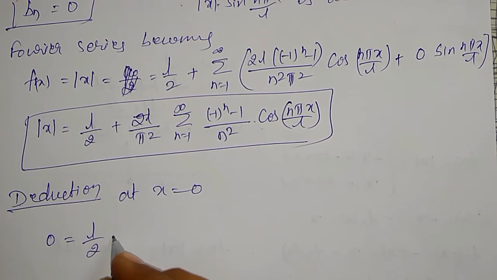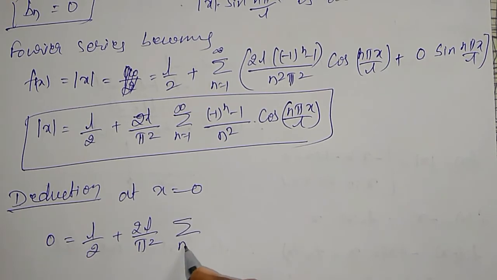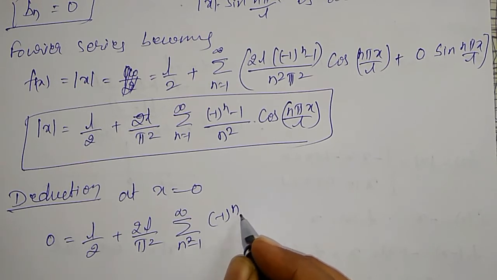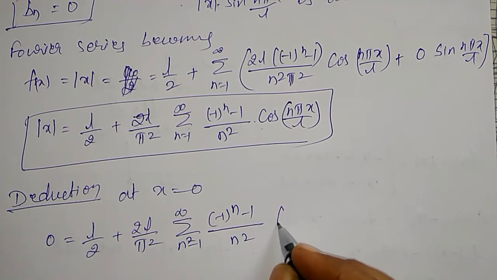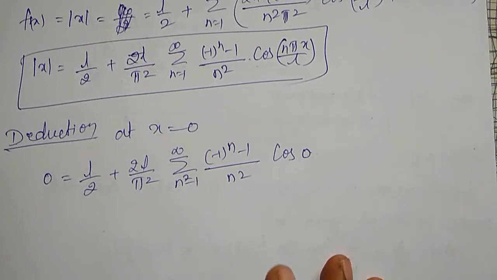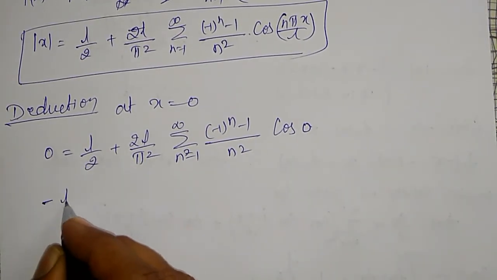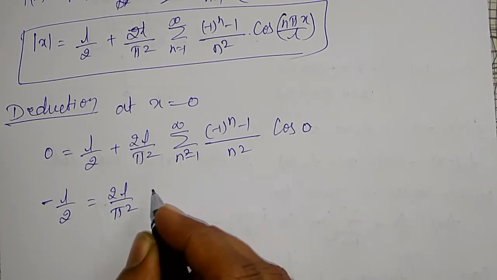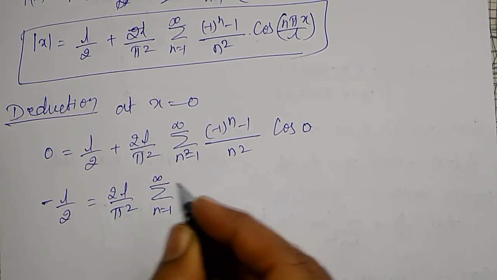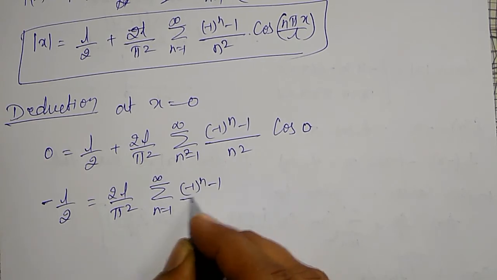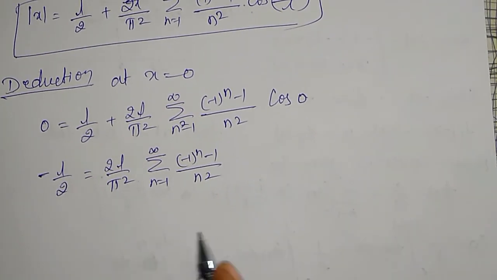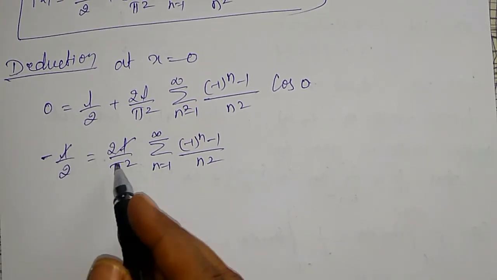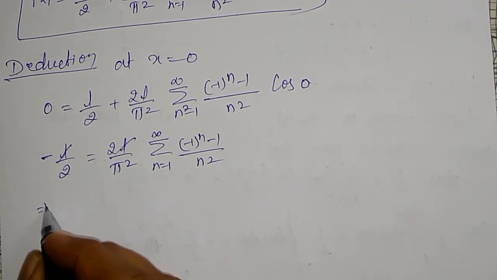So 0 equals L by 2 plus 2L divided by pi square into summation n equal to 1 to infinity minus 1 raised to n minus 1 divided by n square into cos 0, which is 1. Shift this to the left hand side. Minus L by 2 equals 2L divided by pi square summation n equal to 1 to infinity minus 1 raised to n minus 1 divided by n square. Cos 0 is 1. And here L cancels, and you can shift to the other side.